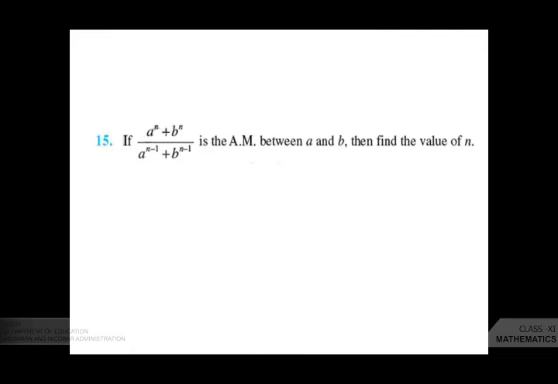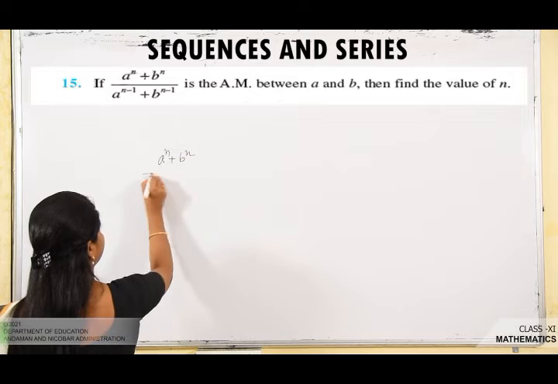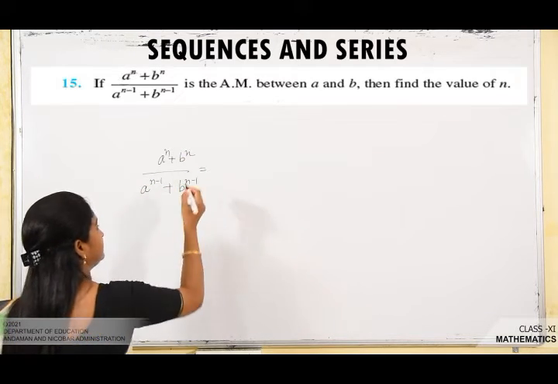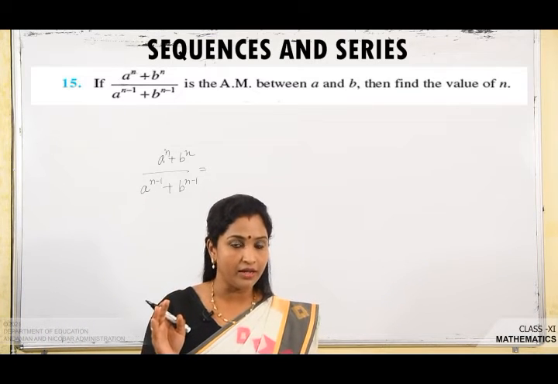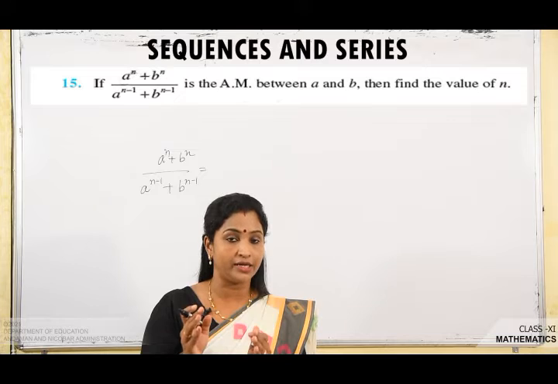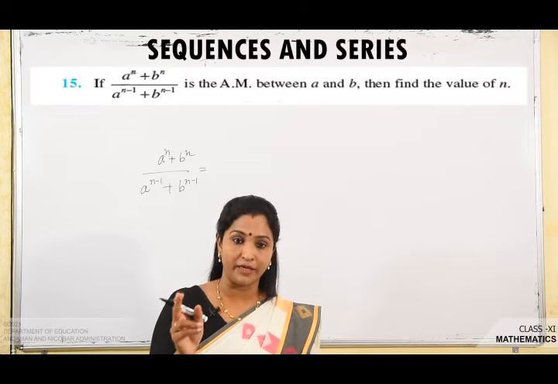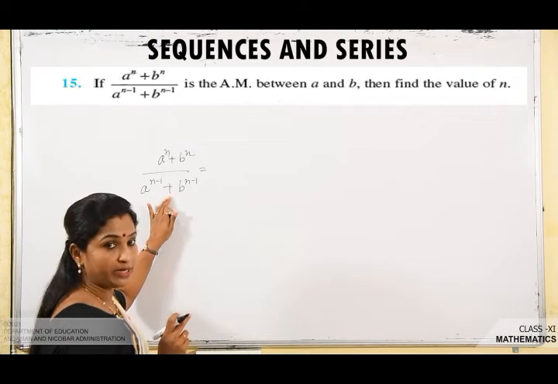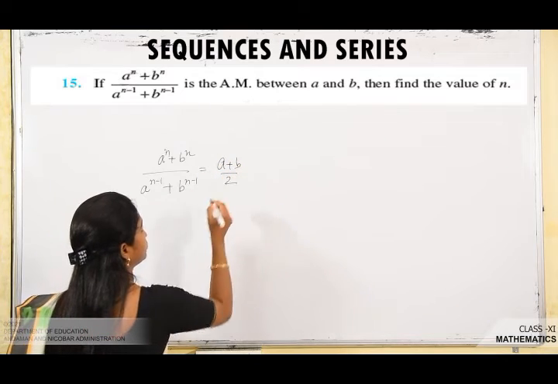What is the formula of arithmetic mean? Just now I explained that if 3 terms are in arithmetic mean, the middle term can be written as (A plus C) by 2. So here the 2 terms are A and B, and this is the middle term, so this can be written as (A plus B) by 2.